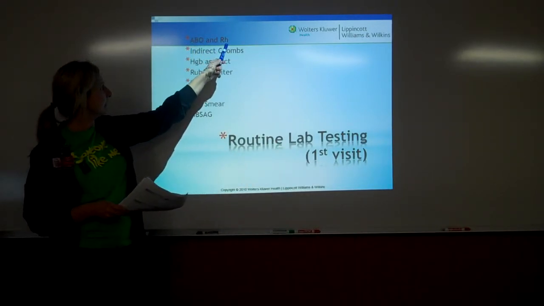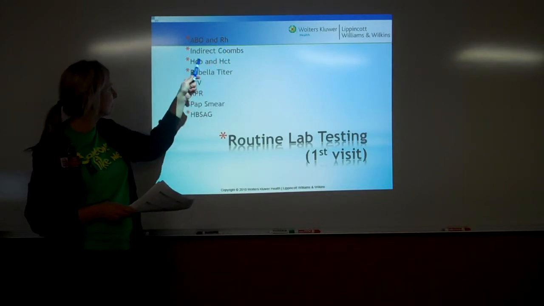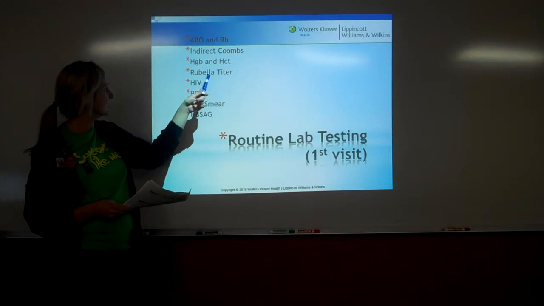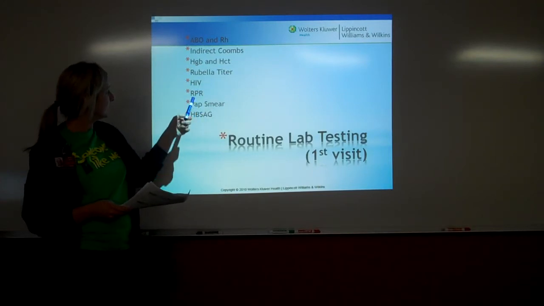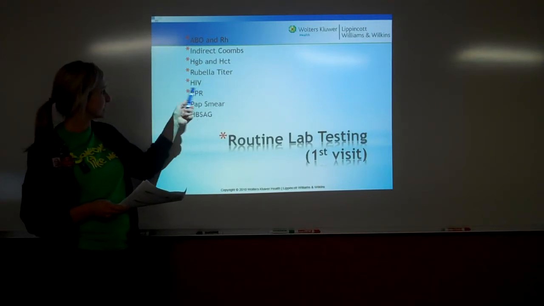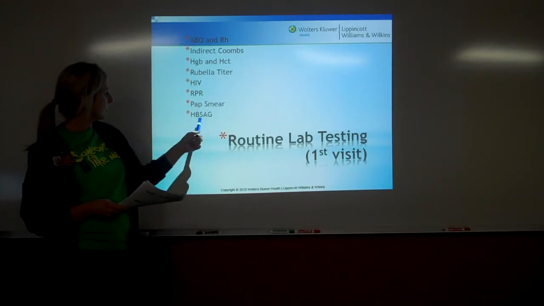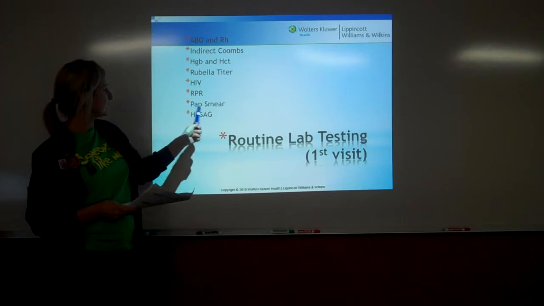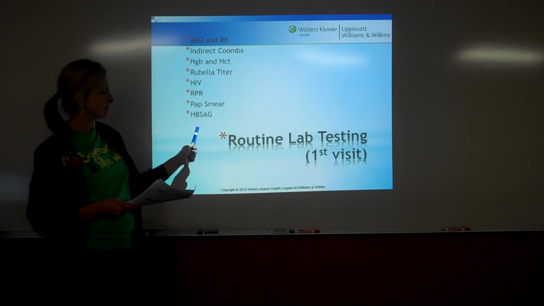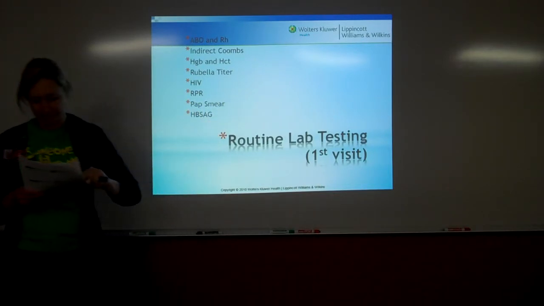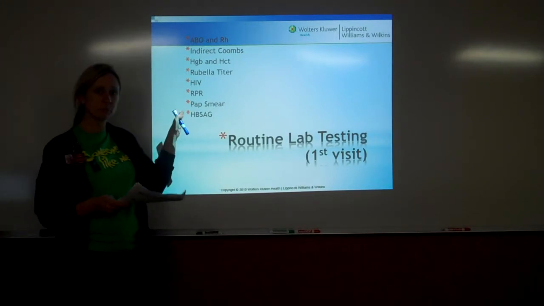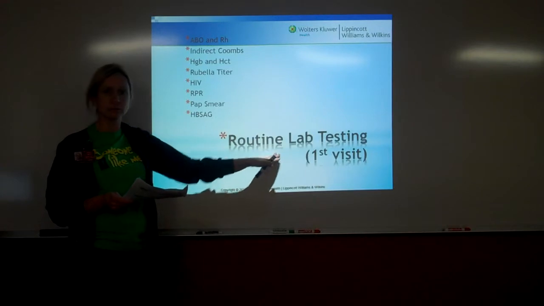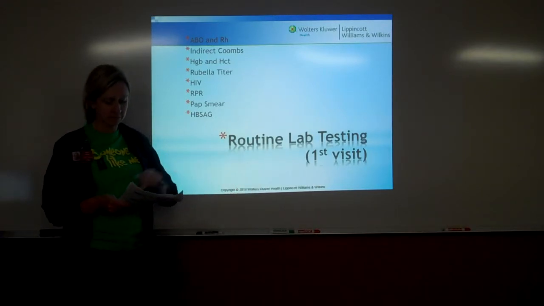Blood type and Rh factor, an indirect Coombs, hemoglobin, hematocrit, rubella, HIV, RPR, which is a test for syphilis, and hepatitis B. These are all blood tests, and then your pap smear is obviously part of the pelvic exam. You must know what lab values are drawn on a routine prenatal lab draw.